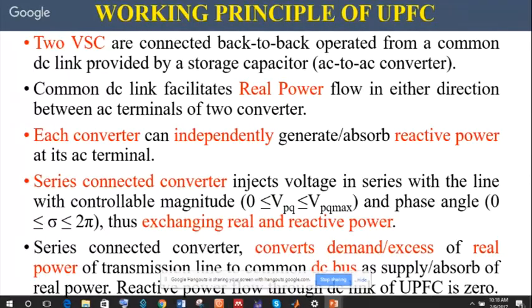So those components will be decomposed, and the direct axis component, which is the real part of the power, will be reflected on the DC line, on the DC capacitors. And if the capacitor gets charged, it indicates that there is excess real power. I'm talking about real power in the transmission line.